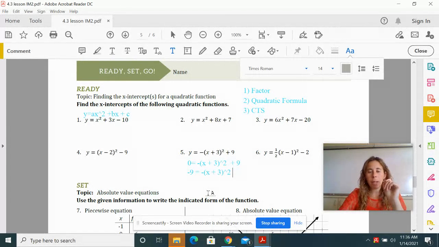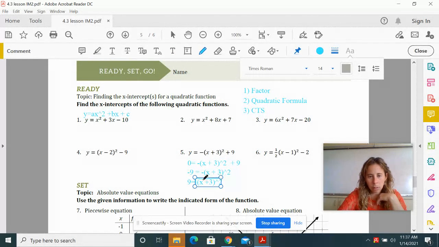Then you're not quite ready to take the square root. You have to get rid of this negative. So you're going to divide both sides by negative 1, so you get 9 equals (x plus 3) squared. Now is when you take the square root of both sides. So you take the square root of 9 and the square root of (x plus 3) squared.